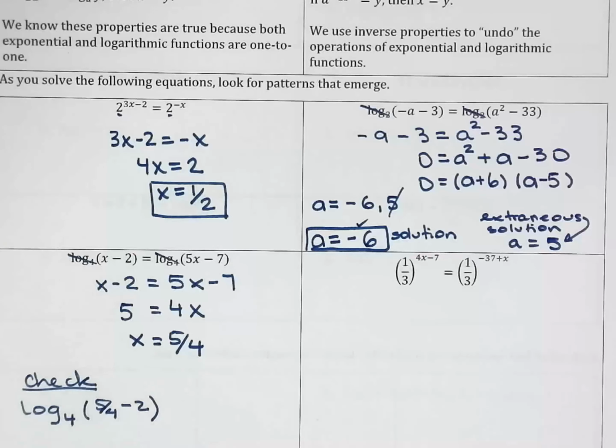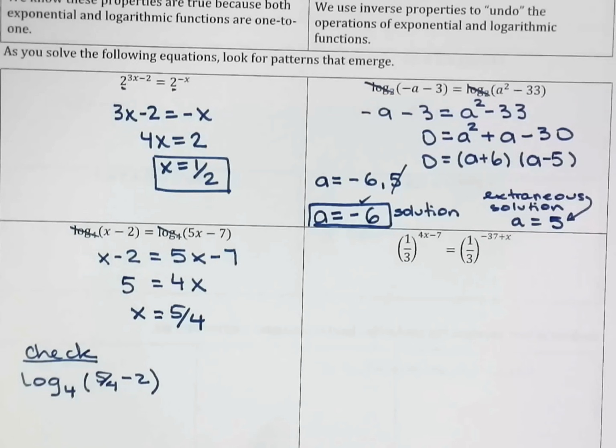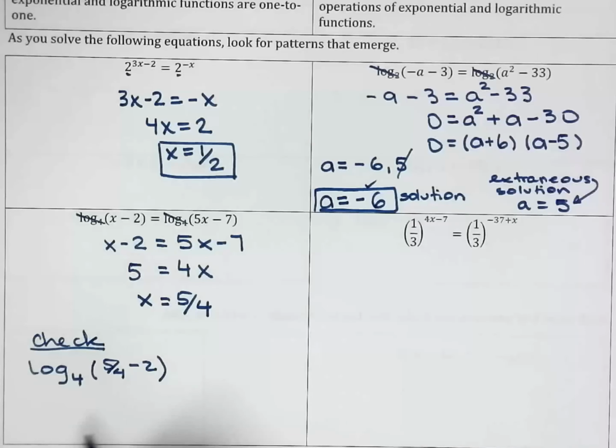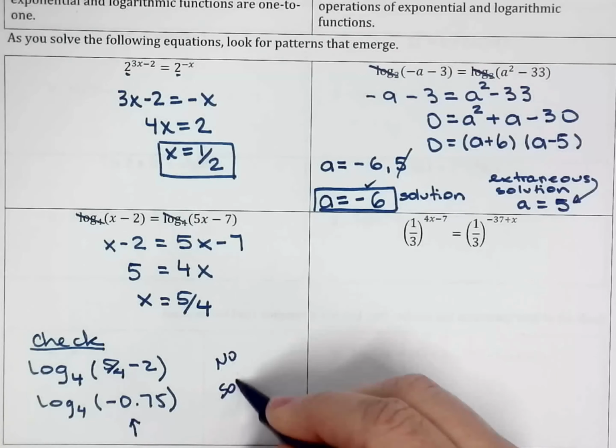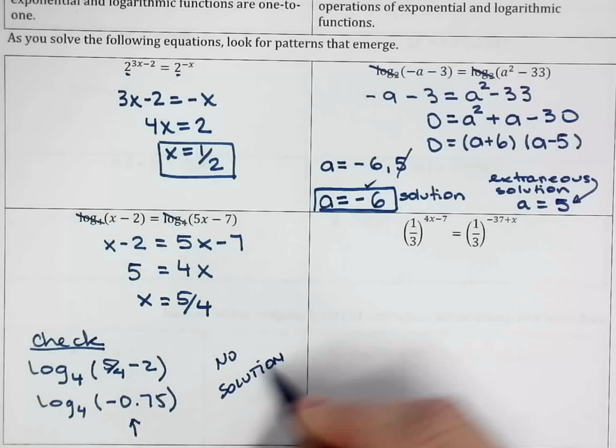So even though we did everything correct, I cannot end up with a negative on the argument. So I cannot take log base 4 of negative 3/4 or negative 0.75. The argument cannot be negative. Therefore, there's no solution on this one.